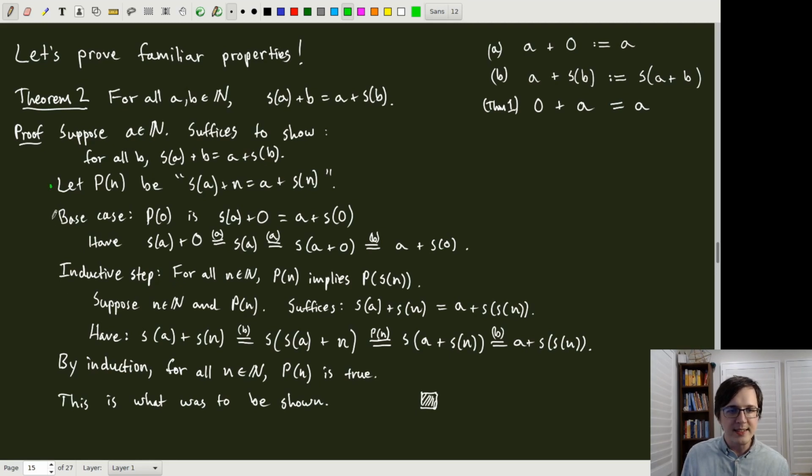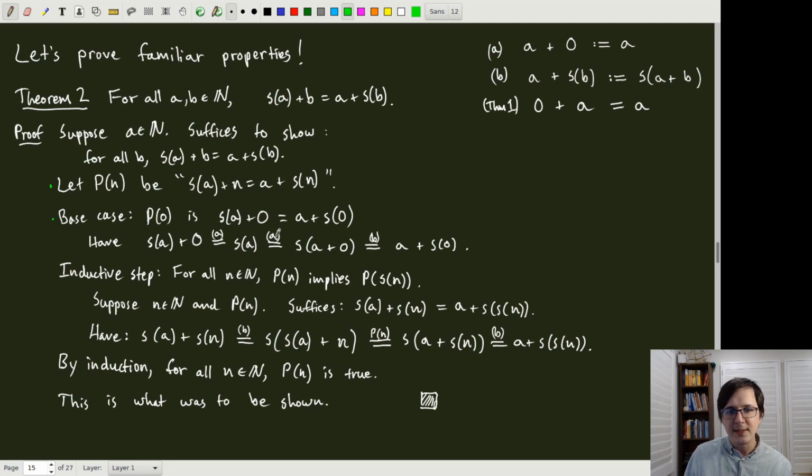Now let's look at the base case. That is p of 0. Substituting 0 in for n, what we want to show is that s of a plus 0 is a plus s of 0. Let's go through equationally and prove this. We start with s of a plus 0, and by applying definition a, we can remove the 0.